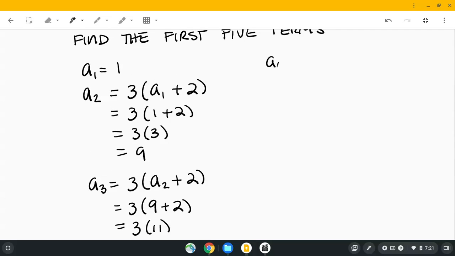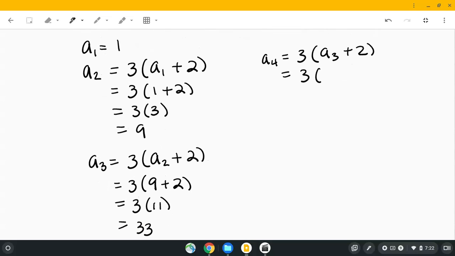And then A4. A4 is going to be 3 times A3 plus 2. And A3 is 33 plus 2. So 3 times 35, which is 105.